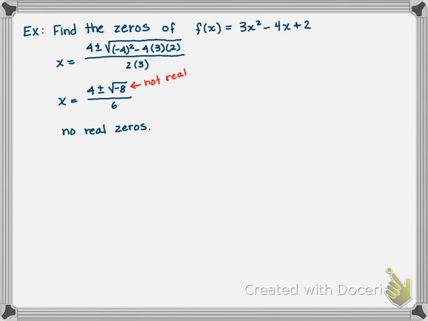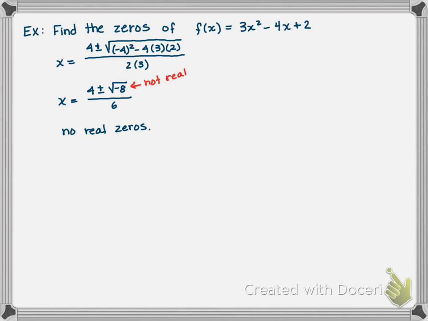And imaginary numbers don't show up on the graphs of functions. The XY coordinate plane is made of 2 real number lines, X-axis, Y-axis. So imaginary numbers don't show up on the graph, and so they're not going to help us see what the graph looks like or how the graph behaves.